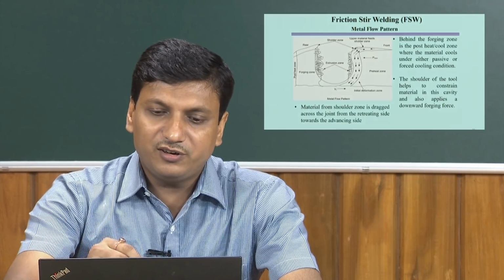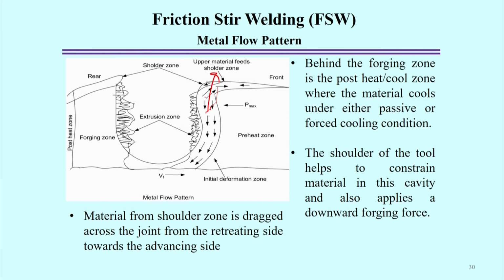Within this, we already discussed the material flow, even for the initial deformation zone or around the extrusion zone. That material flow has some constriction, that means a restriction of the material flow is imposed by the presence of the solder, which puts some constraint and may change the flow direction depending upon the size of the solder that is actually in contact with the workpiece material.